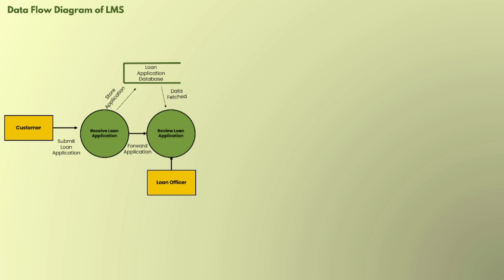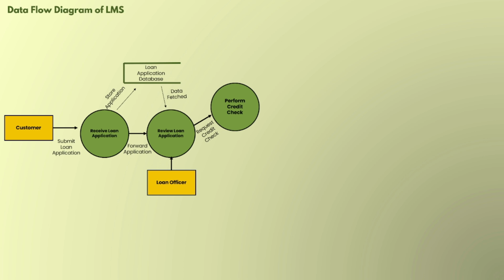Using the data fetched from the database, the loan officer reviews the loan application. Once the loan application is reviewed, two decisions might be taken: either the customer has not completed the documents, or if the documents are complete, then we move to the credit check.